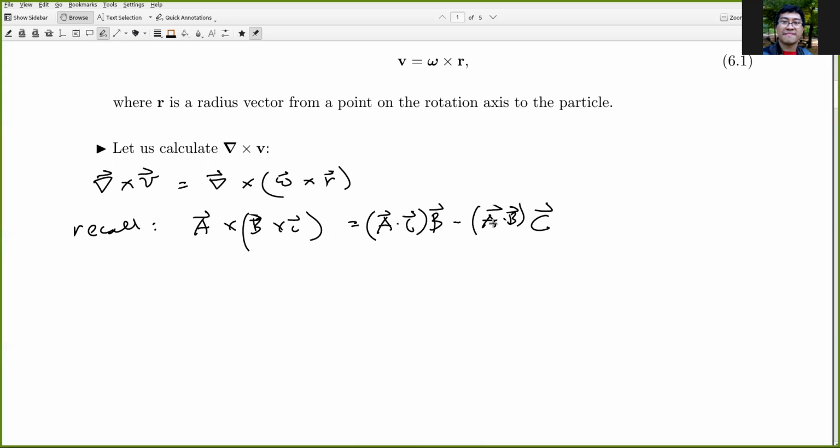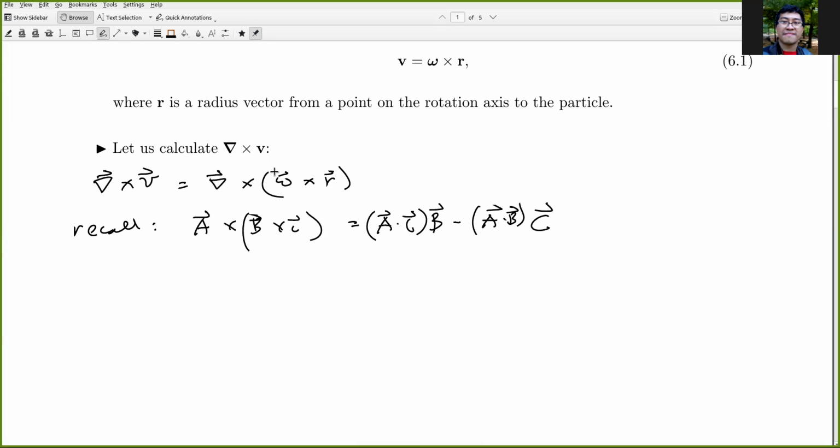I've written it like this, not in the BAC-CAB rule sequence, because I want to write this A on the leftmost side, because in comparison, the del operator is our A. This is a derivative, which means that we cannot just put this directly in between or at the end, because this will act on either of omega and r.